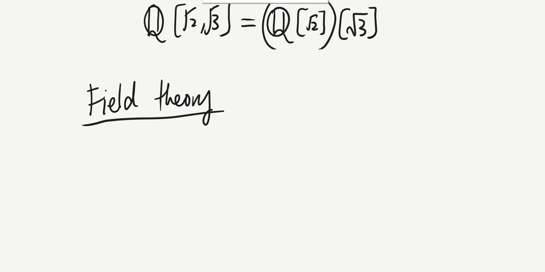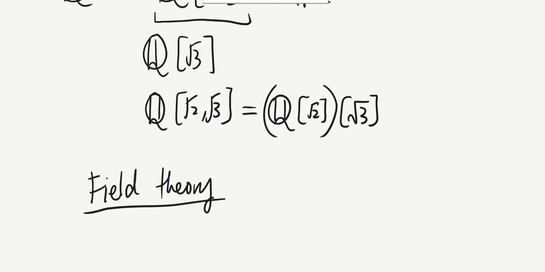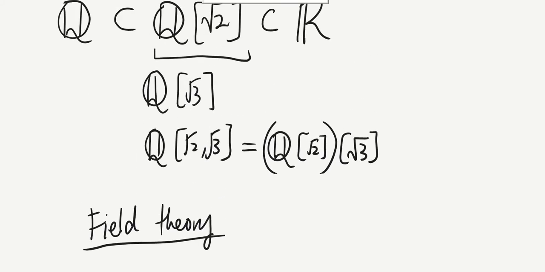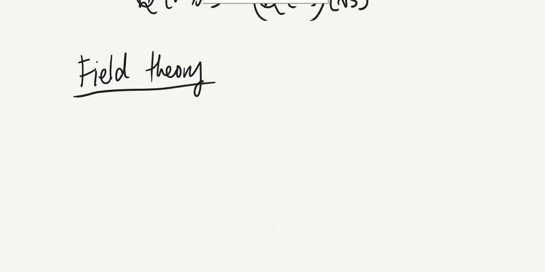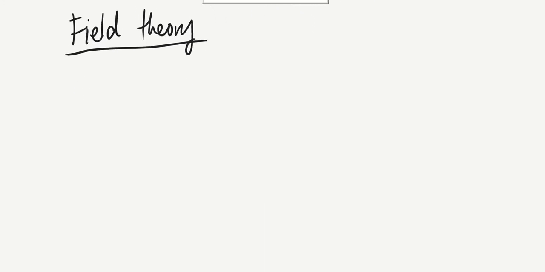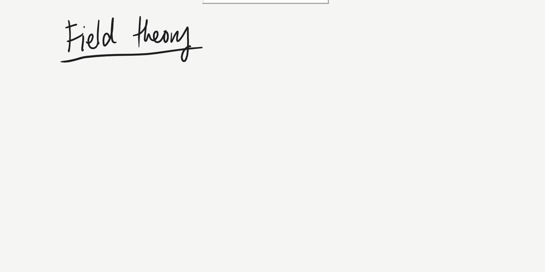For example, all of the fields that we've talked about are infinite. There are infinite elements inside, but there are fields which are finite. They have a finite number of elements inside. So this is field theory and how we can use it to construct the complex numbers.